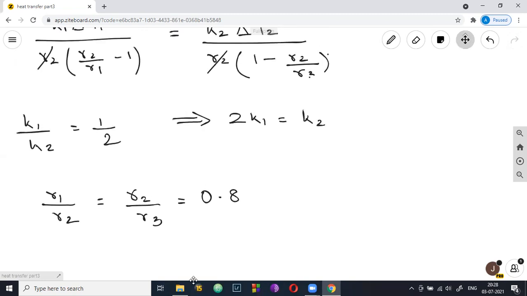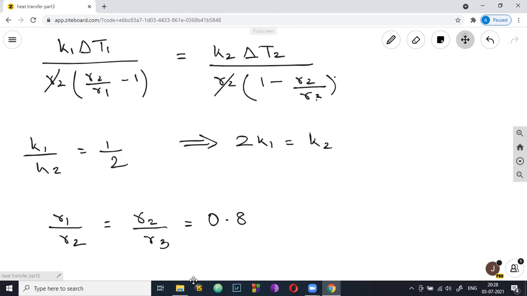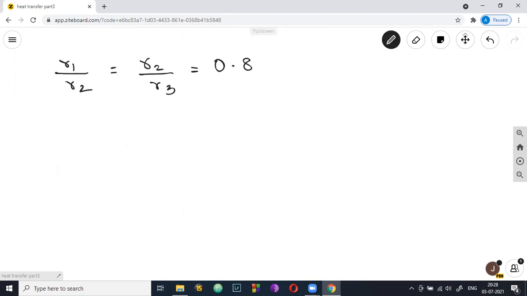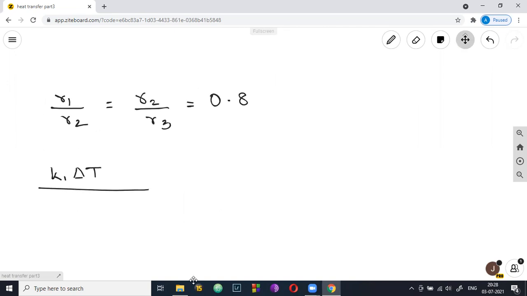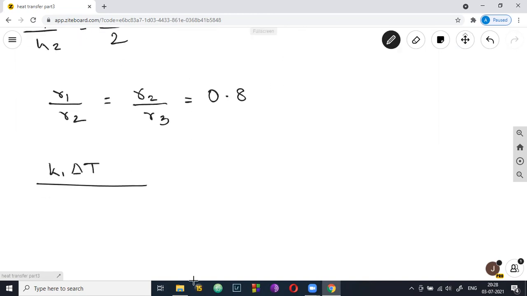That's it. Now you have to just substitute it here. So keep K1 as it is, replace K2 by 2K1. So K1 delta T1 divided by, what is the ratio here? R2 by R1. R1 by R2 is 0.8, so R2 by R1 is 1 by 0.8. Equal to 2K1 delta T2.